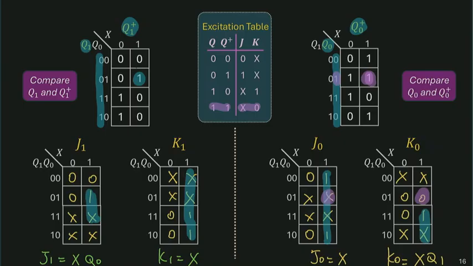But really, we just check for each flip-flop individually the relationship between Q1, Q1 plus, Q0 and Q0 plus. And based on the excitation table, convert that single transition into two separate values. Any more questions?